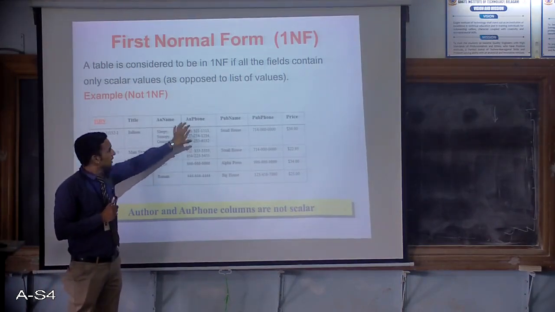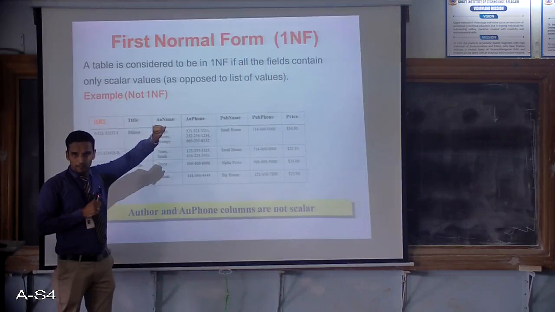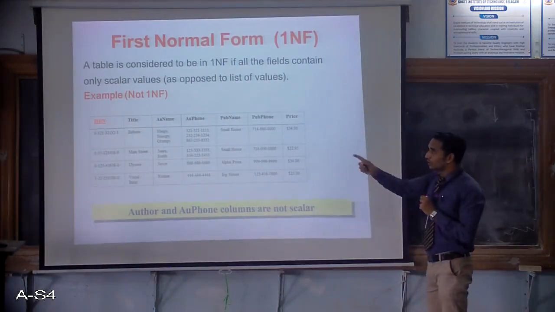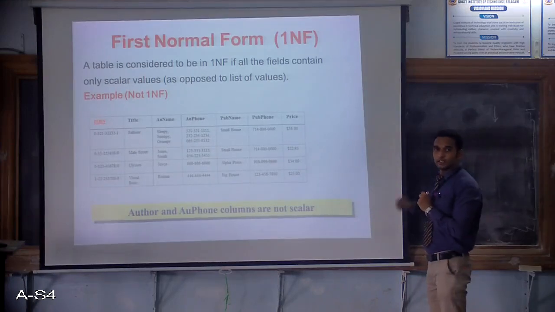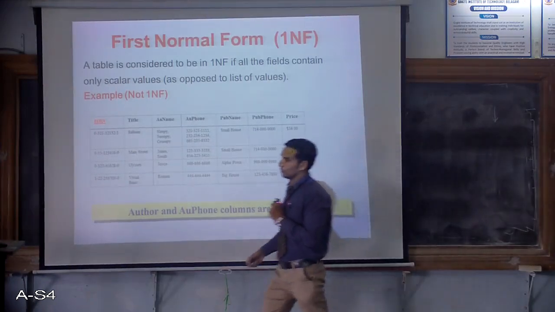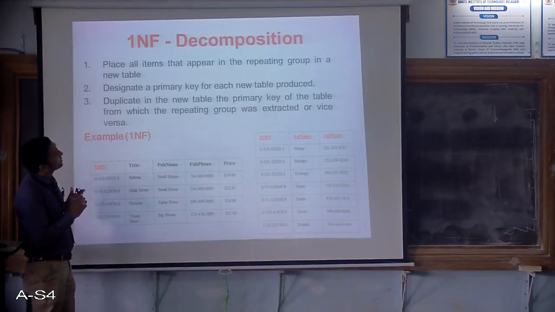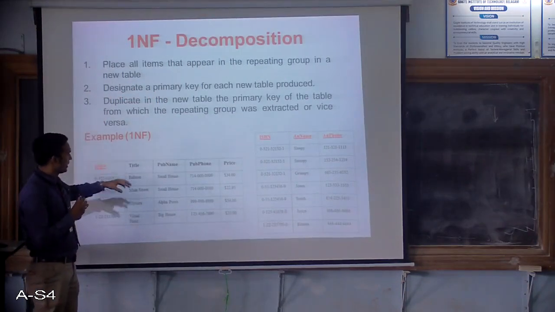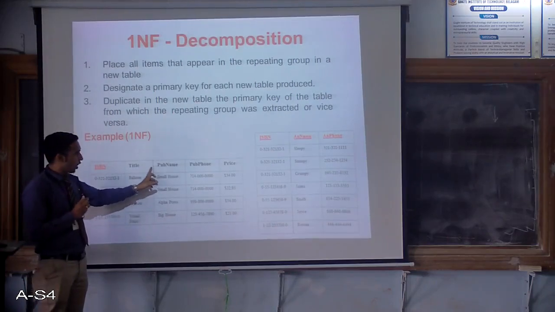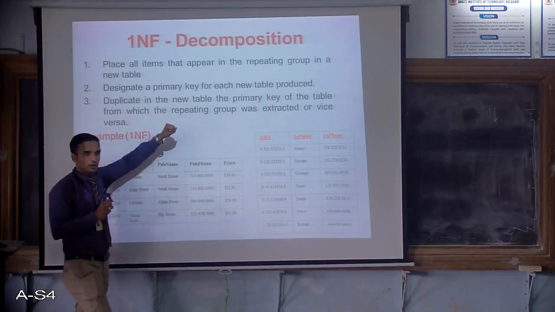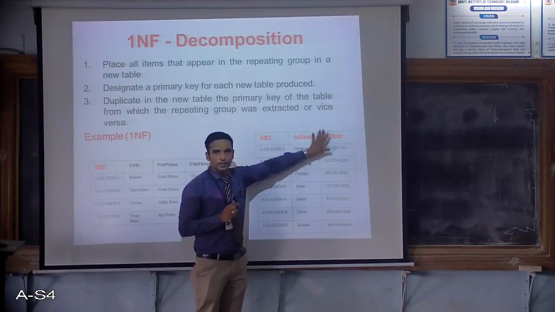So take them out of the main table and place them in a separate table. From this table, author name and author phone number were repeating, so I took out those attributes and placed them in a new table here.